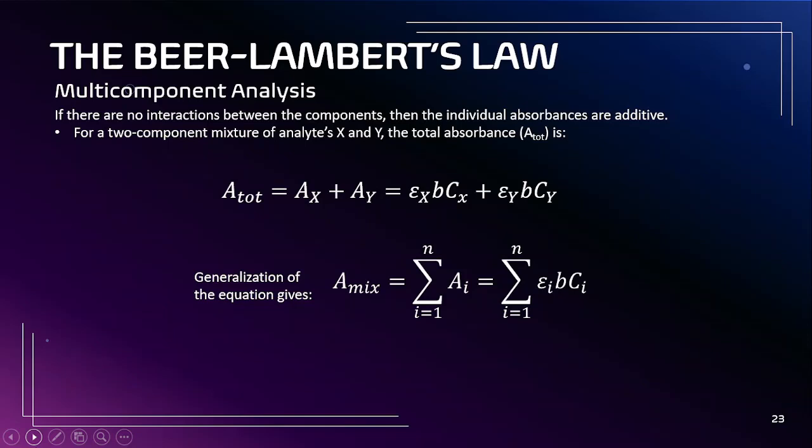By doing that, we could use the Beer-Lambert's law to determine the molar absorptivity of that sample. Then we plug in the molar absorptivity, since it is actually the constant in the equation, and we deduce each equation. Therefore, we know the total absorbance and the individual concentration of each analyte.